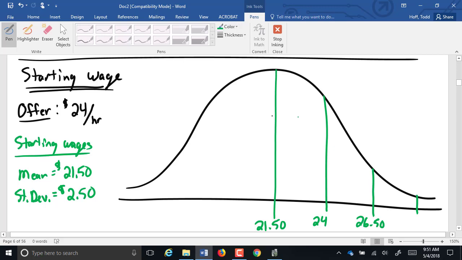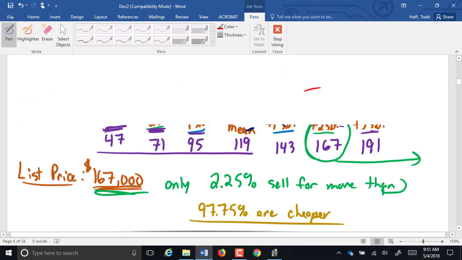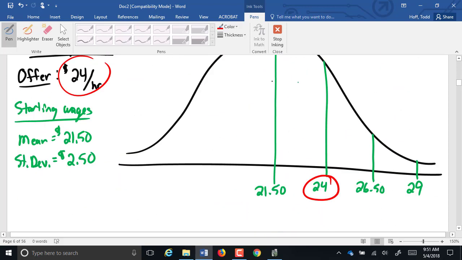And the next step? Plus 2.50 is 29. Now notice I'm only filling in that right side because the number we're looking for is the 24. That's right here, isn't it? I don't need the rest of those numbers. But I can pull down these percents. I've got the 34.15, 13.6, 2.1, and 0.15.